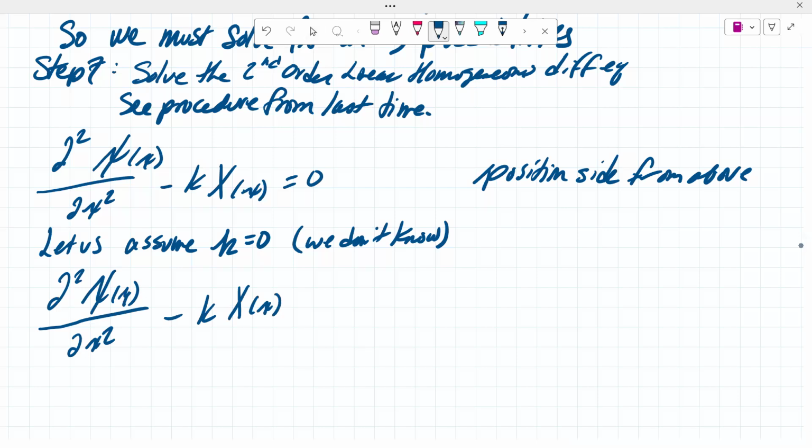Oh, no, the whole point of this was to substitute in k is 0. Sorry, put a 0 there. 0 times X of x. Oh, no, it's no denominator anymore. That's gone. Equals 0. And I'm just copying along. And this was sub in the k equals 0 assumption.